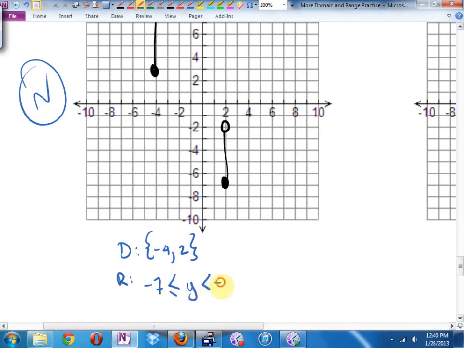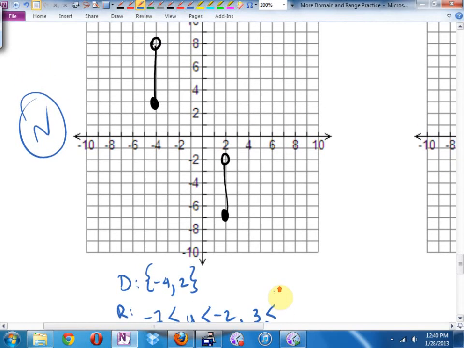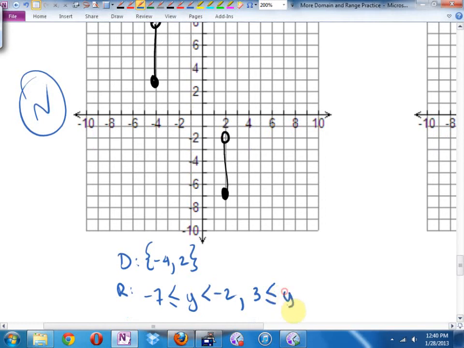Up to -2, but not touching, so no or equal to, comma. The lowest we get is +3. We're definitely touching there because they shaded in that circle. The highest we get is +8, not touching.